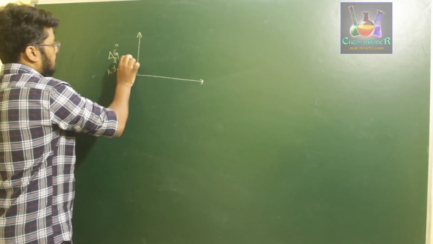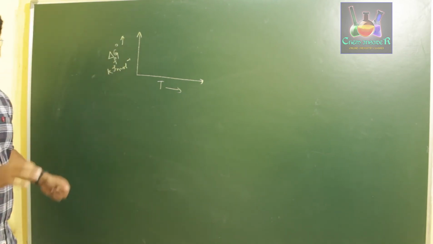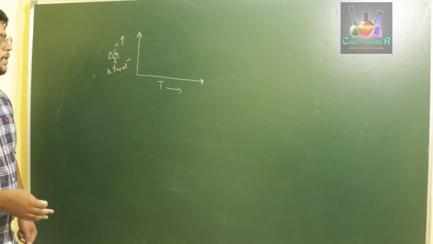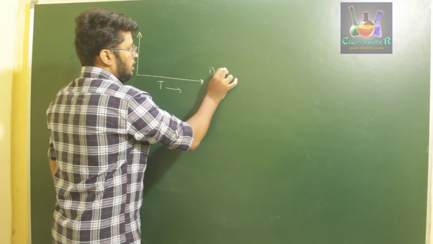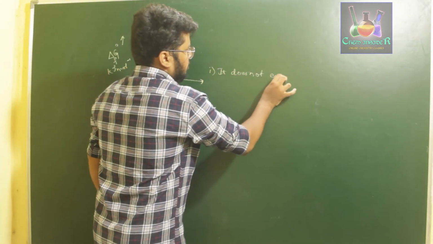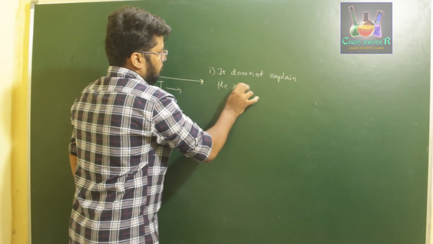This plot of delta G of formation of metal to metal oxide clearly shows just the reaction of conversion of a metal to its respective metal oxide, but it does not explain the rate of this reaction.